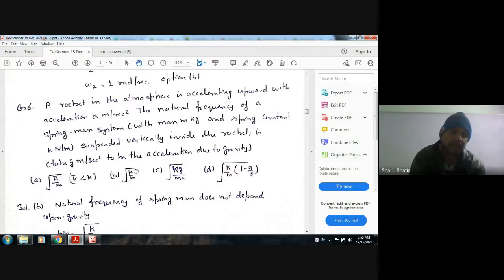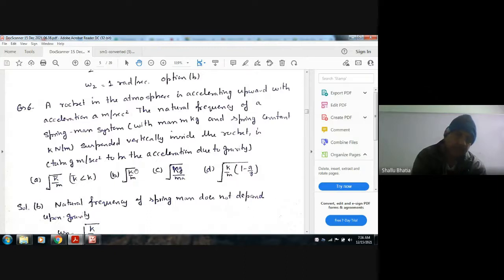Options are given, and g is the acceleration due to gravity. Option A k bar by m, where k bar is less than k. B root k by m. C mg by ma.